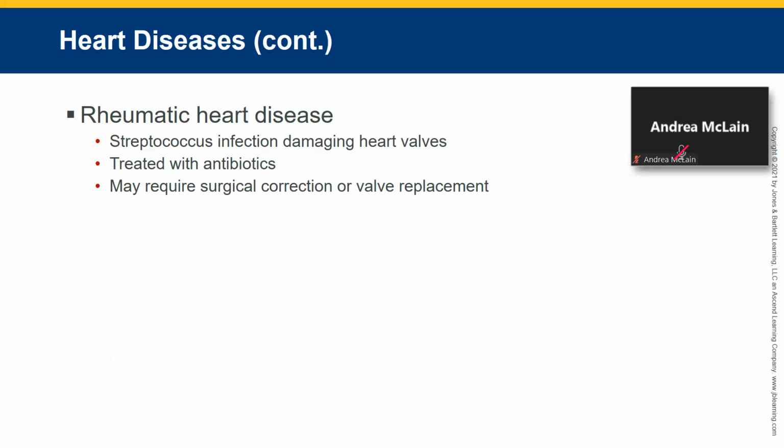Rheumatic heart disease is an interesting one. This is one after someone gets a strep infection. You've heard of things like strep throat. Well, streptococcus is a kind of bacteria, and interestingly enough, the way the immune system identifies bacteria as something foreign, a pathogen, there's a structure on the bacteria that's very, very similar to a structure on our heart muscle.